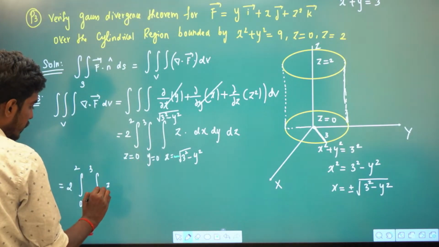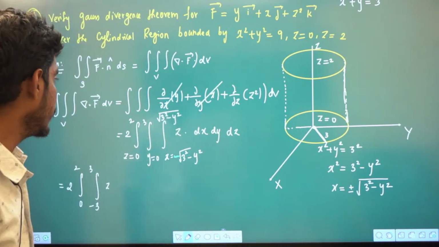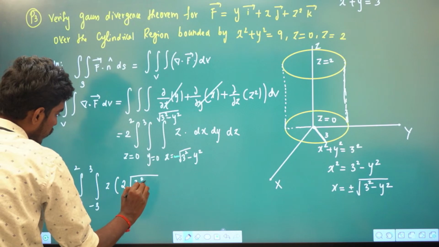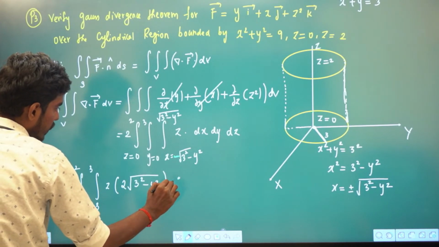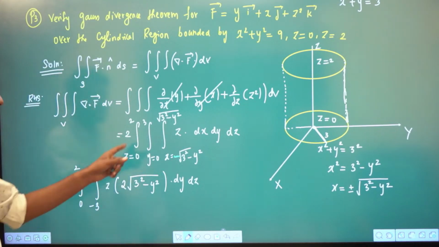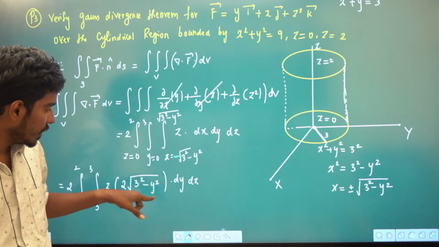So z dx, z is constant. Integration of dx is x. Upper limit minus lower limit will be 2 times root of 3 square minus y square. Is it clear? z is constant. Integration of dx is x. Upper limit minus lower limit will be this minus this, so it will be plus.